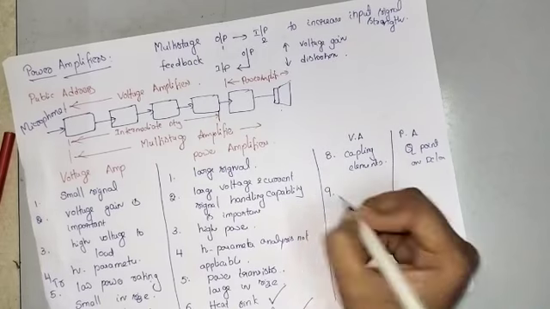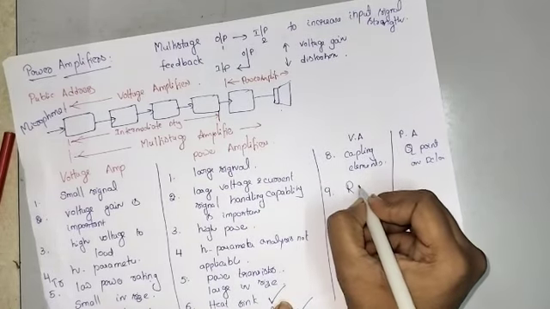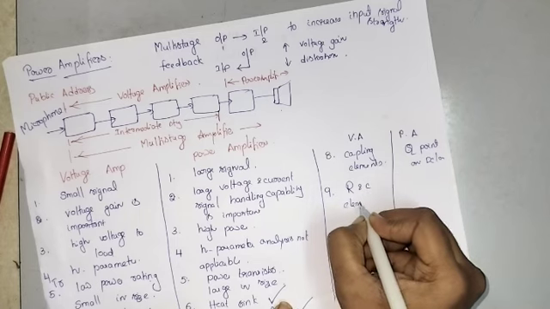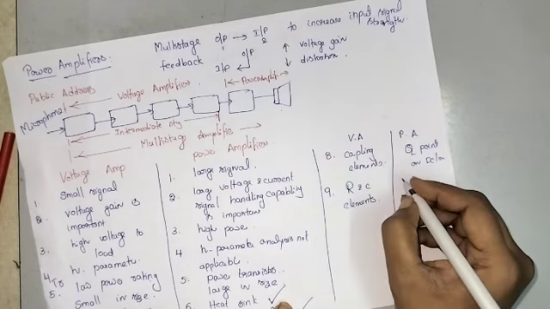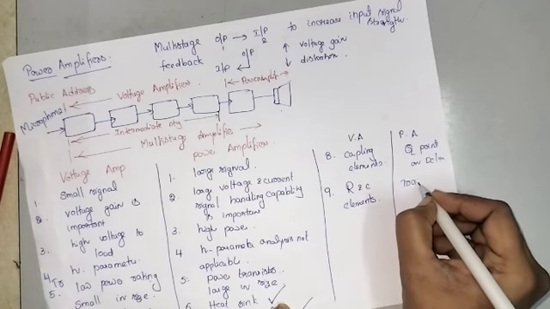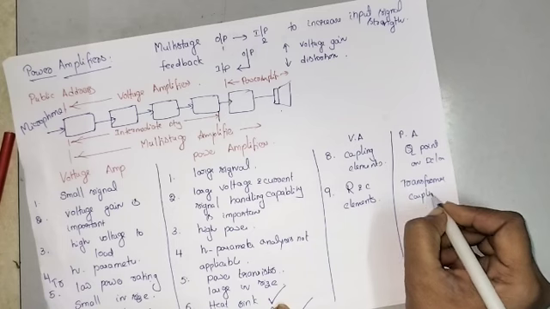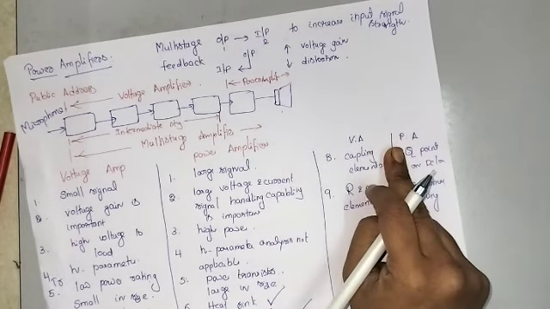Generally for voltage amplifiers, R and C elements are used for coupling. Power amplifiers are coupled using transformer coupling. So transformer coupling is generally preferable for power amplifiers.